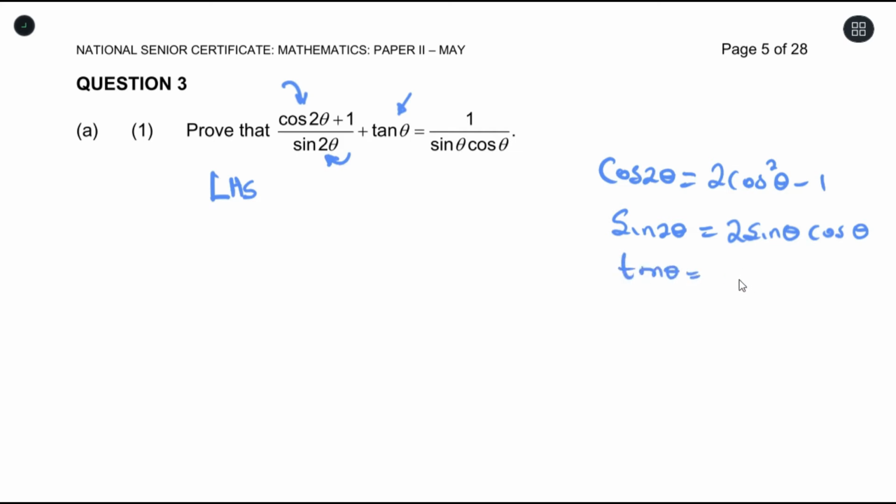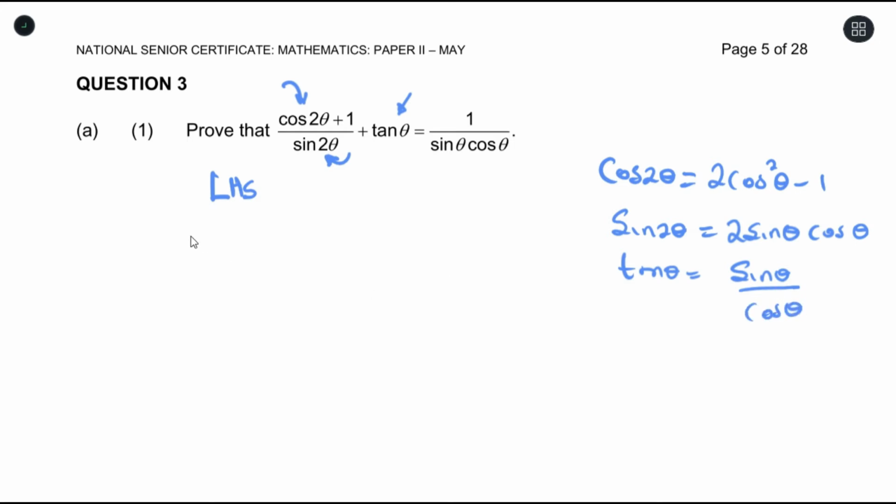So I'm going to use cos 2 theta equals 2 cos square theta minus 1, for sine 2 theta, 2 sine theta cos theta, and finally for tan theta, I am going to use sine theta over cos theta.